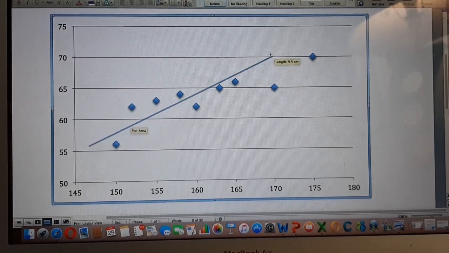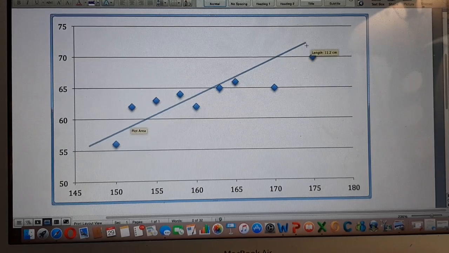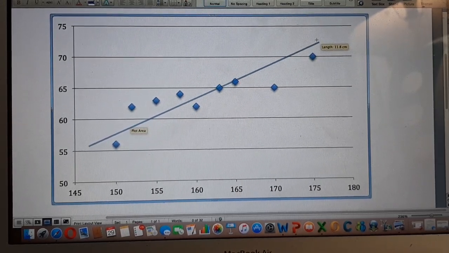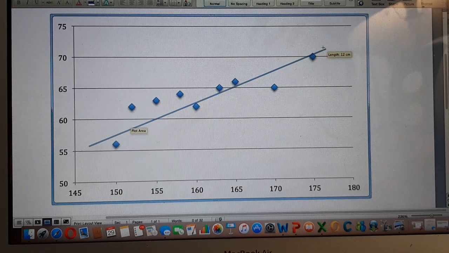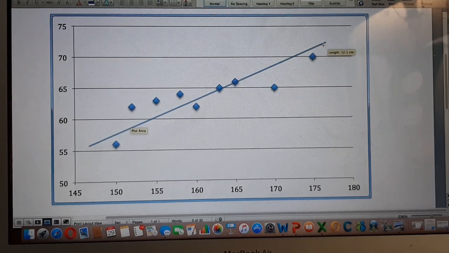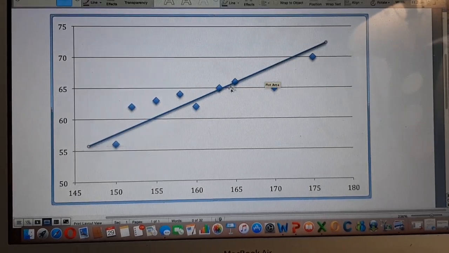Suppose I consider this one as the line of best fit. If you observe, we have almost 3 points above the line and 4 points below the line, while 2 points are on the line.